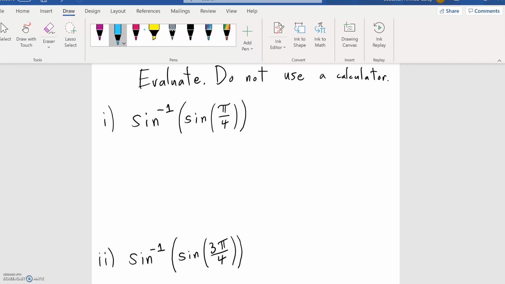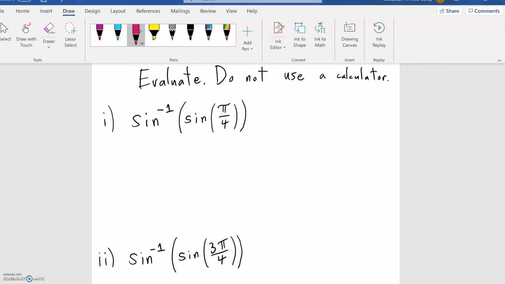Now, I had talked about how we deal with these problems in a previous lecture video. You could do the innermost evaluation first. So you could do the sine of pi over 4, find what that is, and then find sine inverse of that result. If you do not want to do that, though, and you want to try to use this inverse function property, make sure that the function on the outside and the function on the inside are inverses of one another.